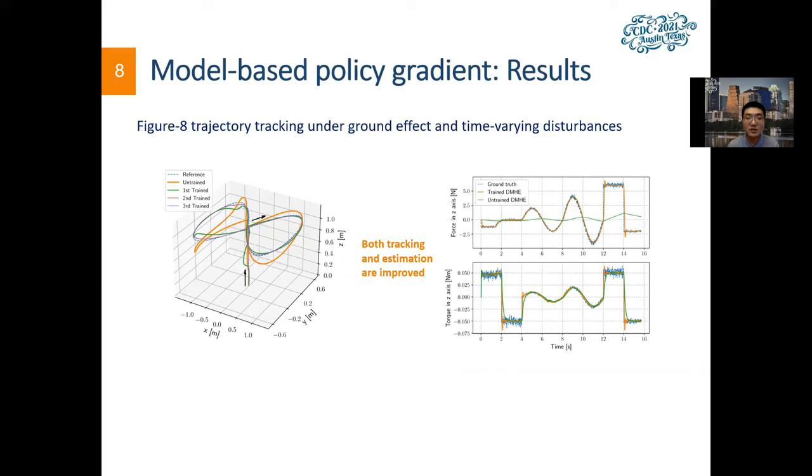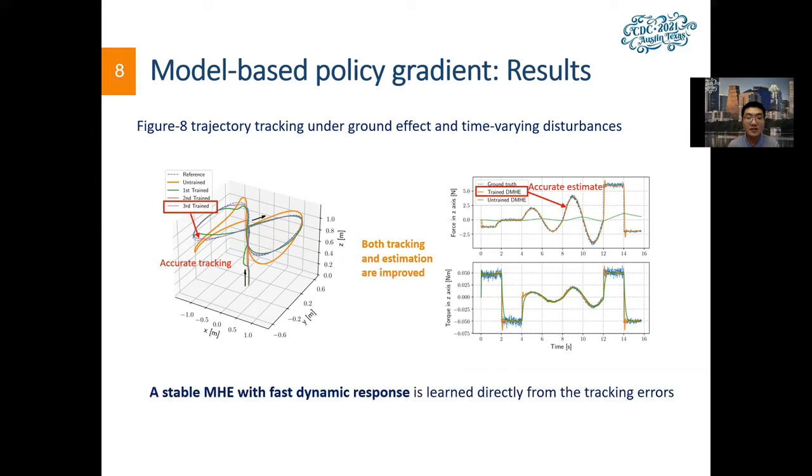So the untrained trajectory in this 3D plot shows large tracking errors. After training, both the tracking and estimation performance are improved. So this result validates that a stable MHE with fast dynamic response can be learned directly from the trajectory tracking errors.